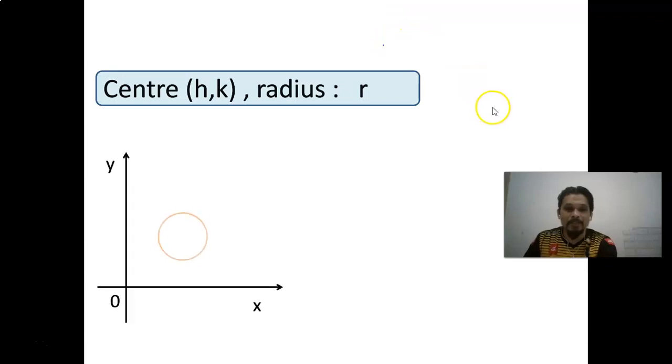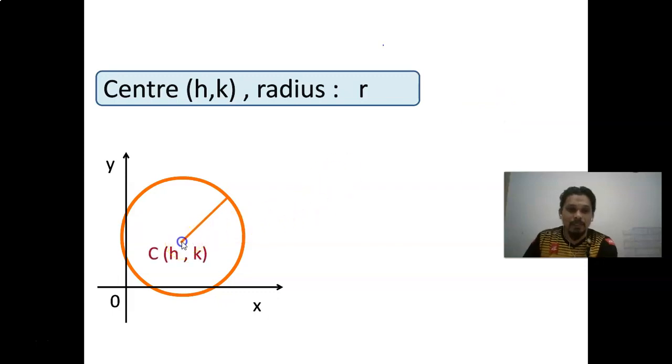Let's see here now. This is the center, where the distance from this center (h, k) to any point on the ring of the circle is the radius.